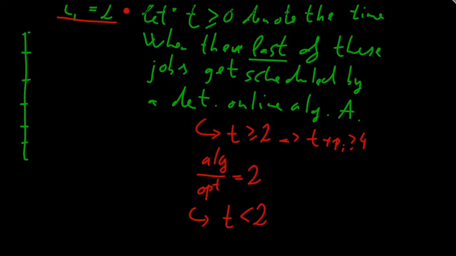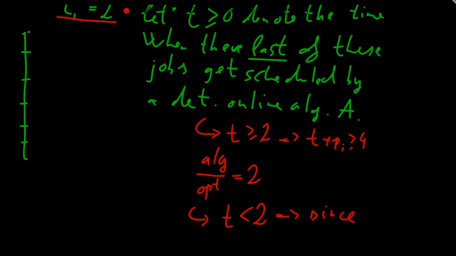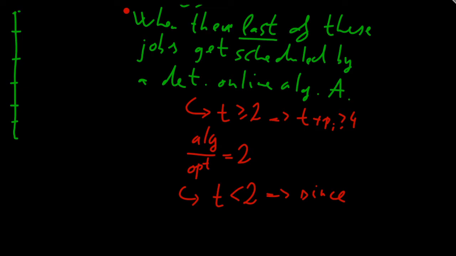Now, this means that each machine is working at the time point of 2, since the jobs cannot overlap and the jobs have a size of 2.